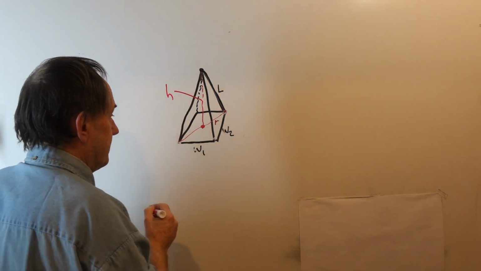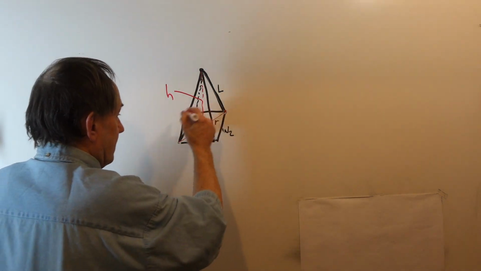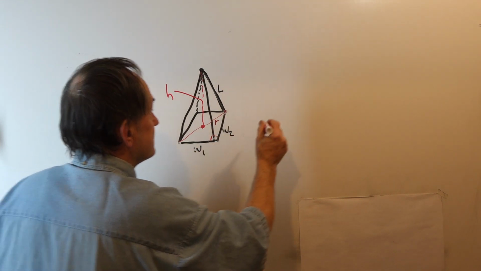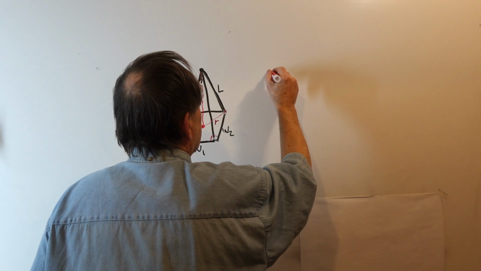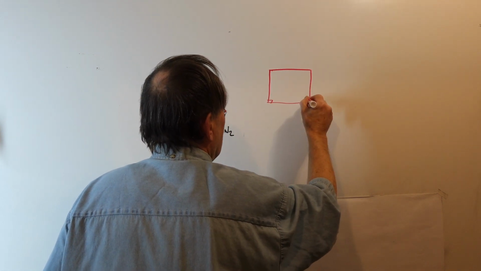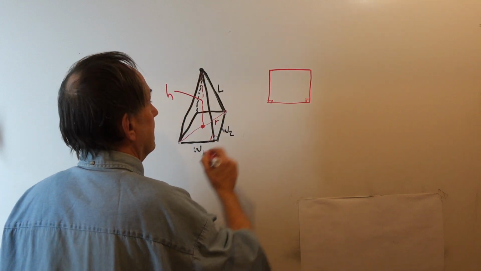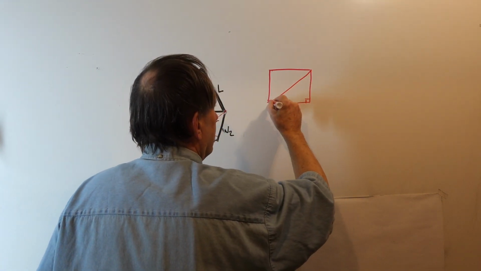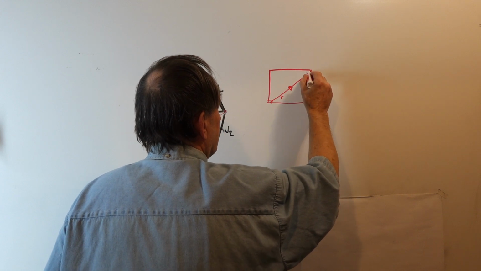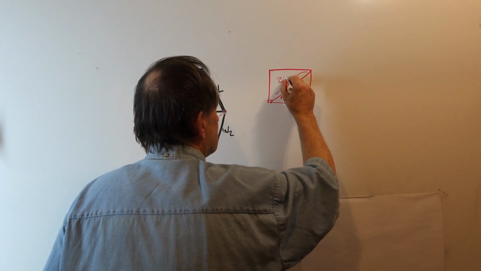Now, these bases are rectangles, so what we have is a rectangular base where we have square corners, and this is r, this is r, so the diagonal length is 2r.